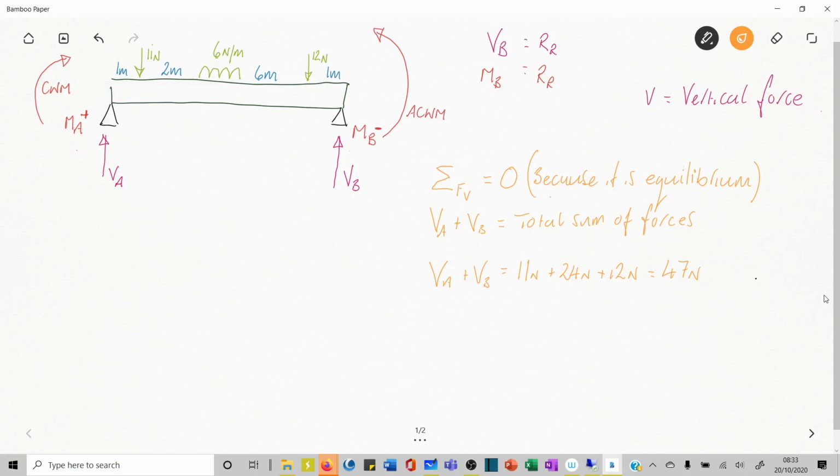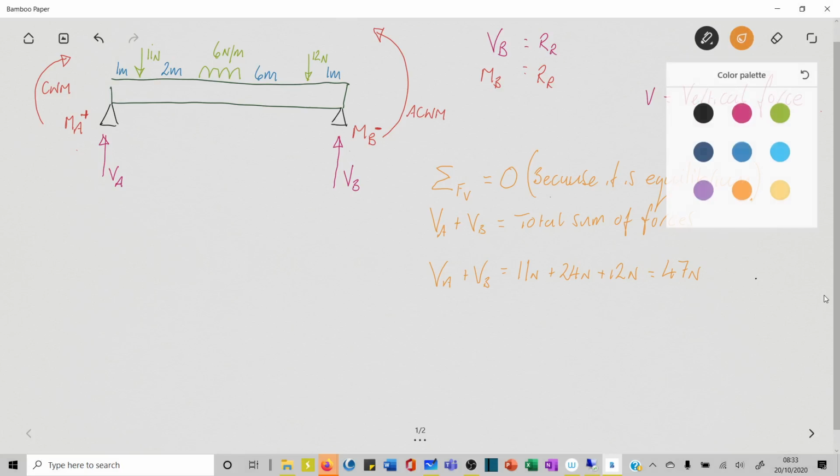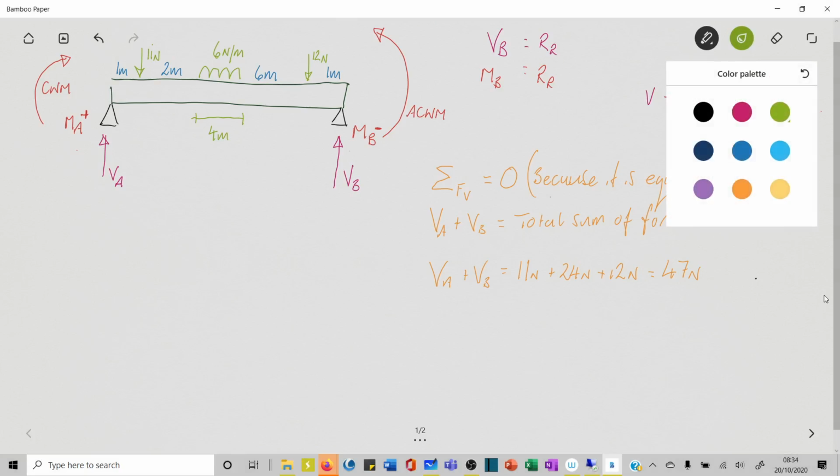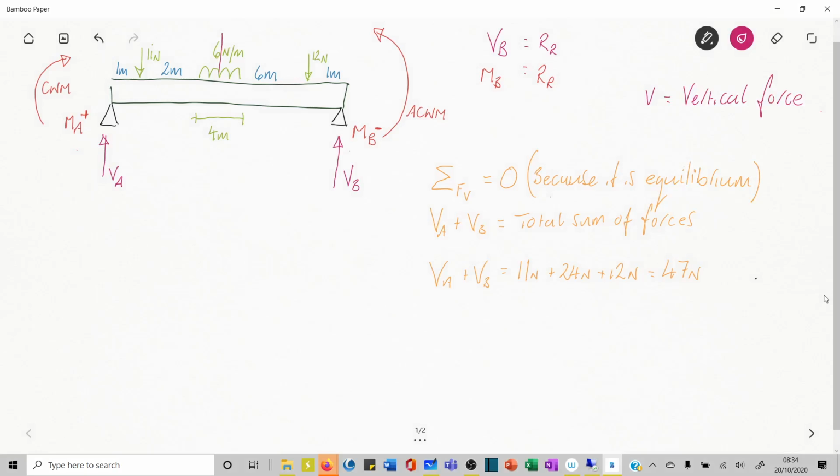And remember the 6 newtons, I'm sorry I haven't put in that there is 4 meters. As I've explained, the UDL here says 6 newtons per meter over 4 meters, so 6 times 4 is 24 newtons. So the UDL is disregarded and treated as a point load through the center.